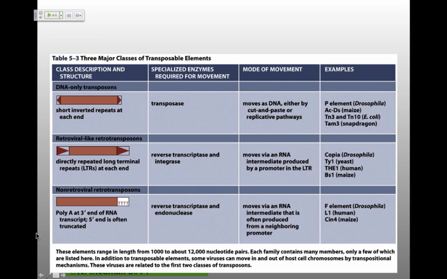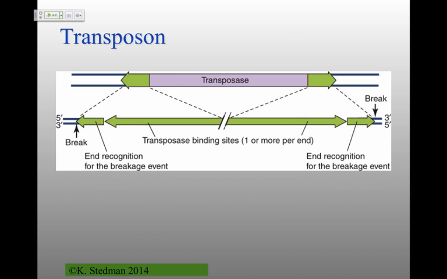So let's zoom in, starting out with these DNA-only transposons here at the top. If you look at a classic transposon, you've got end sequences. In this case, again, these are inverted repeats like you find in DNA-only transposons, with a transposase in the middle. And the key to understanding how these transposons work is really these end sequences.